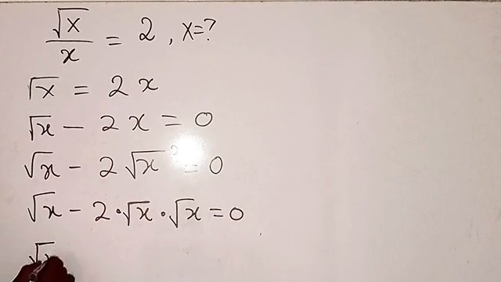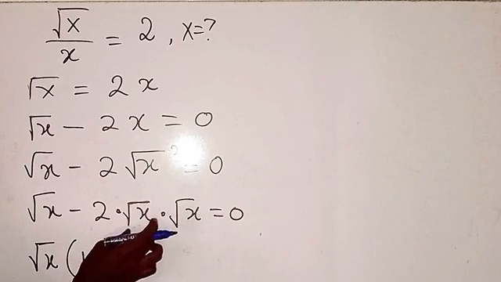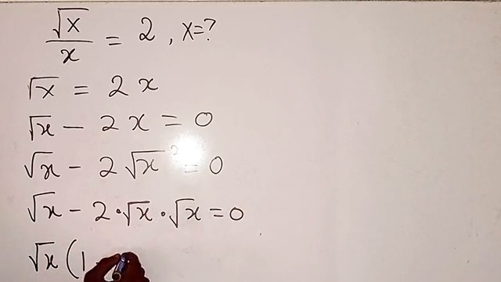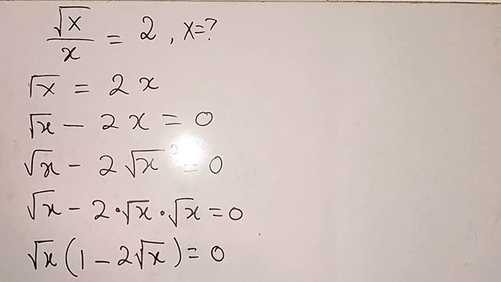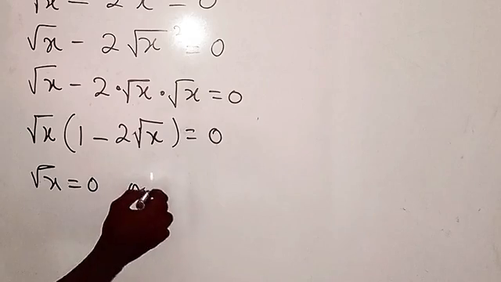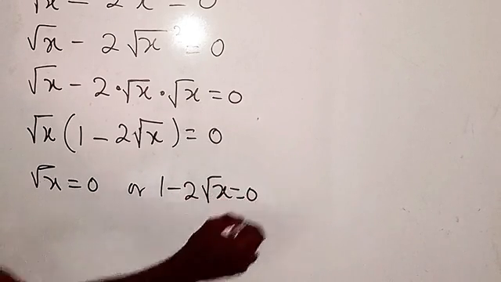So we're going to have root x into brackets: root x divided by root x, we have 1, minus 2 root x divided by root x, then equal 0. So this is a zero-form equation. We're going to have root x equals 0, or we have 1 minus 2 root x equals 0.